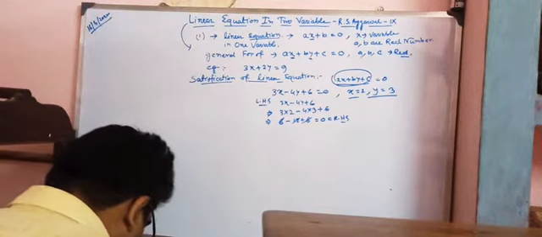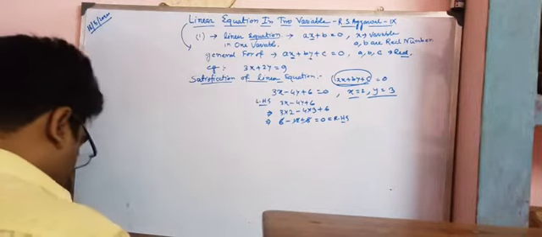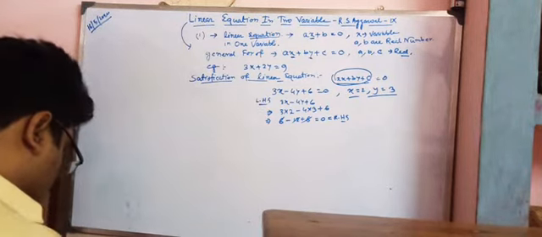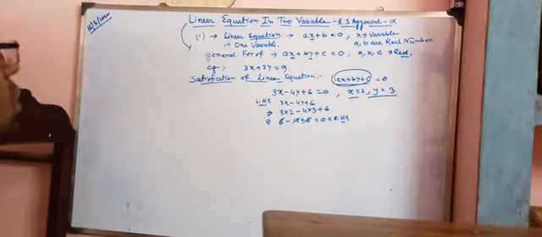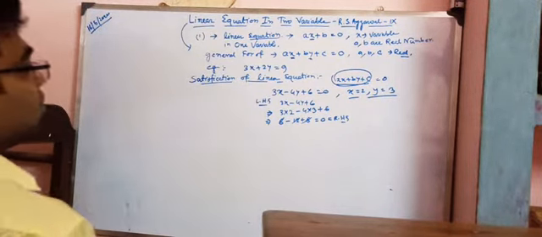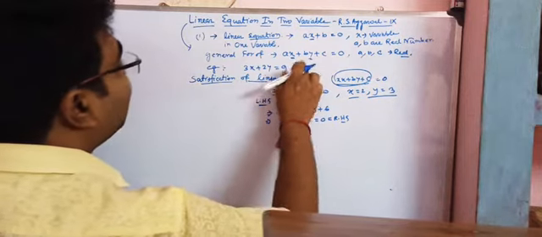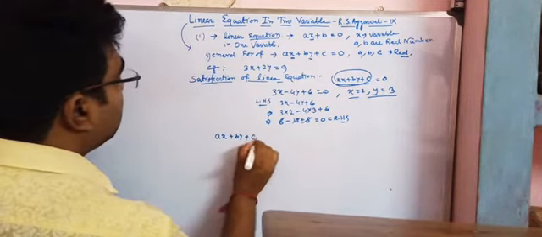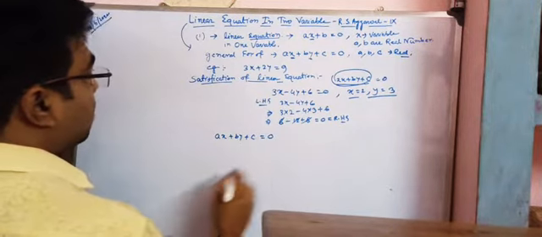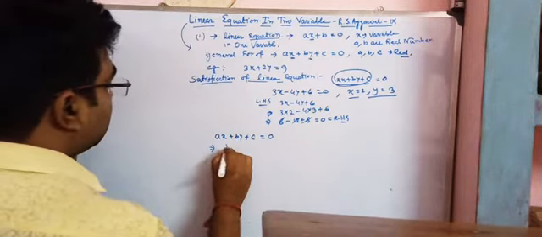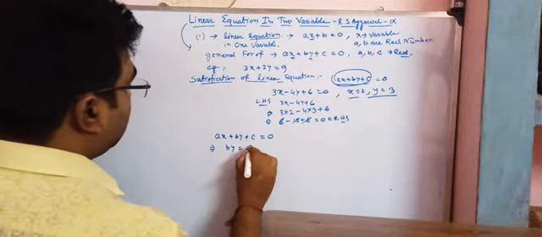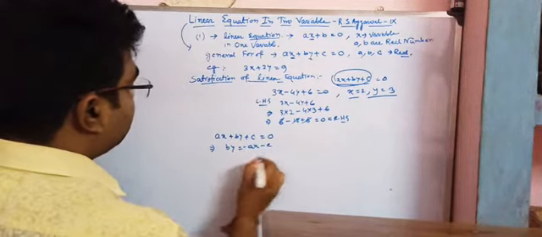Next, come to the slope of this linear equation. Here my general linear equation is ax plus by plus c equals 0. If we rearrange this, we get by equals minus ax minus c.